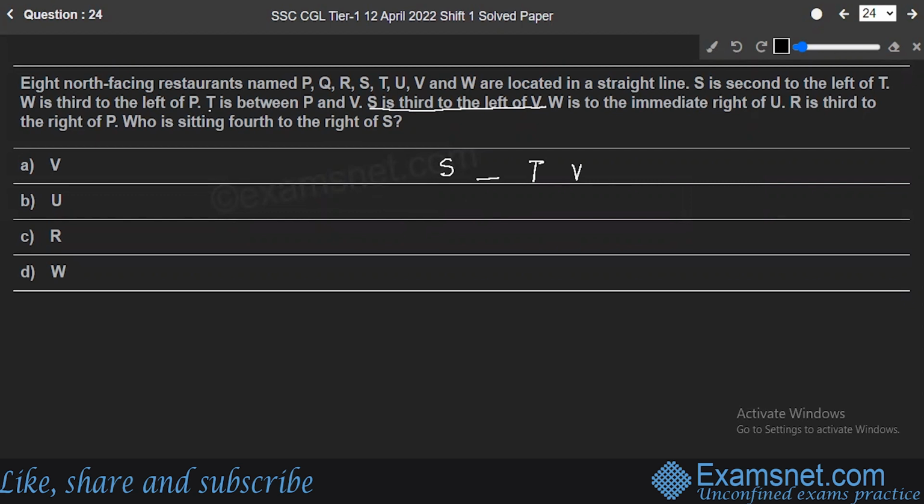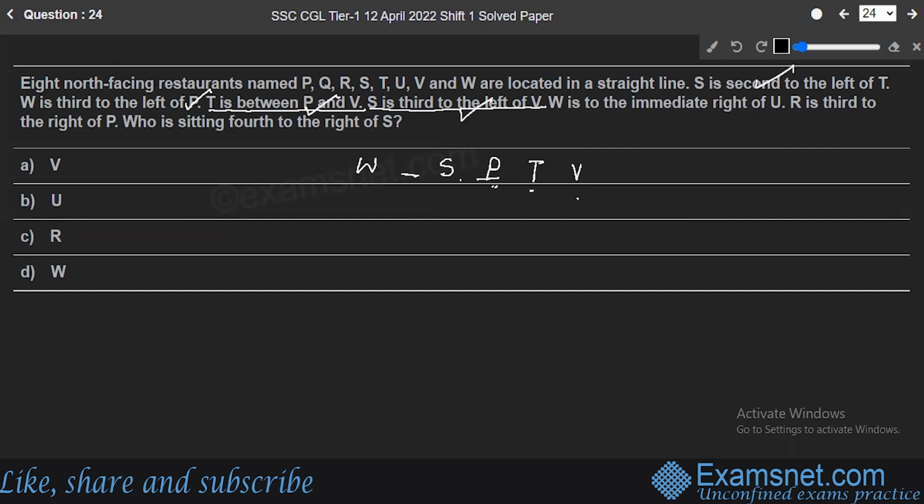And it's also said T is in between P and V. Here is T, here is P, and here is V. Next, it is saying that W is third to the left of P. Here is P, here is S, here is something, and here is W. W is to the left of P. This is done, this is done, this is done, and this is done.